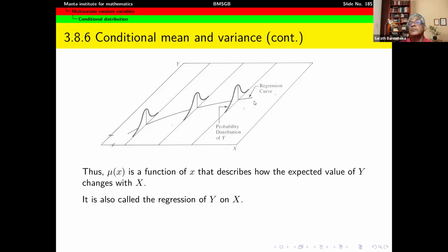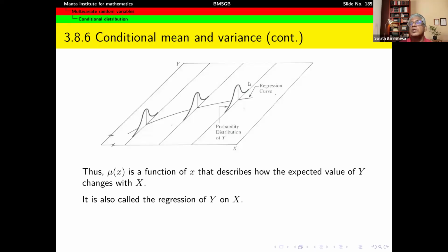But in usual regression analysis, there is an assumption that even though the conditional mean can be changing with x, the conditional variance is assumed to be the same. And in addition to that, usually there is an assumption that the distributions are normal also.